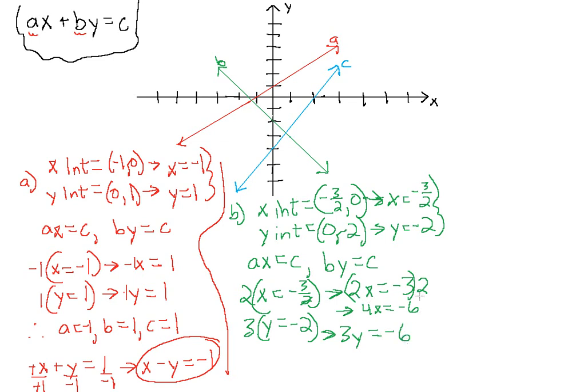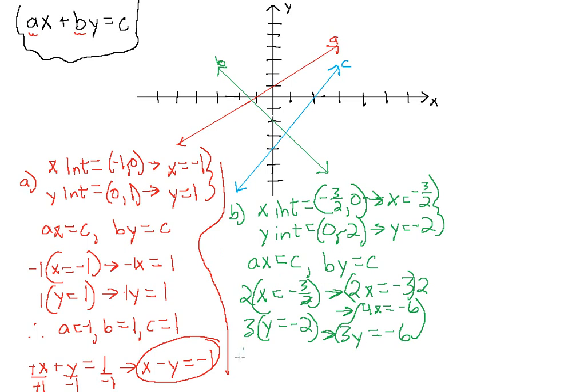And right here we have two equations that have c as the same term, minus 6. So we have our two mini equations, ax equals c, or 4x equals minus 6, and by equals c, or 3y equals minus 6.